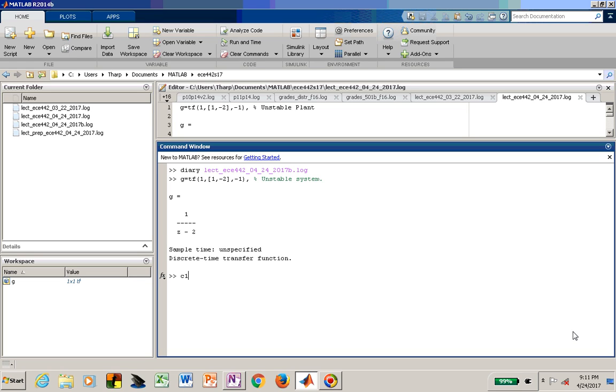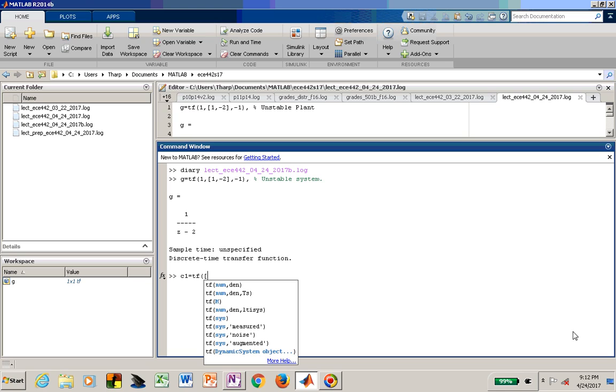We can also introduce our PI controller, but let's introduce that PI controller without a gain associated with it. We'll see that we can then adjust the gain using our rltool, or root locus tool, in just a minute.